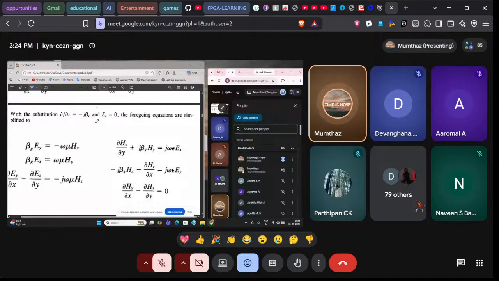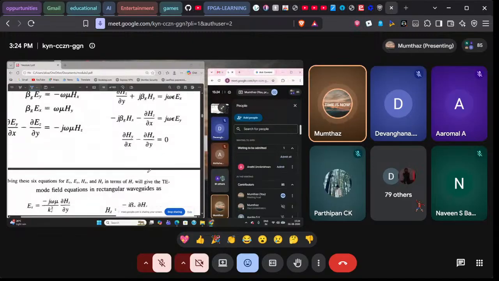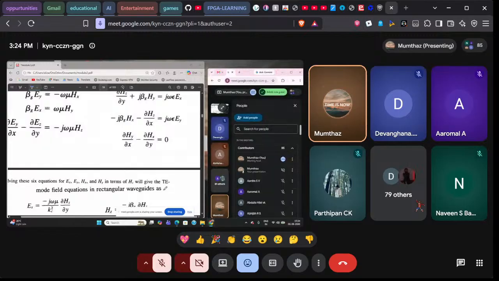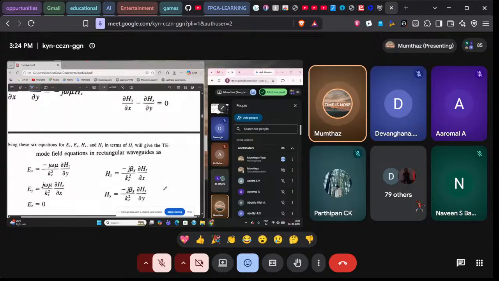Again, we are substituting dou by dou z and Ez is equal to 0. We'll get equations here also. So from that we will get these six component equations Ex, Ey, Hx, Hy, where Ez is equal to 0.